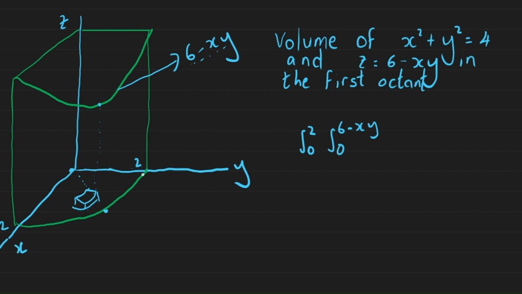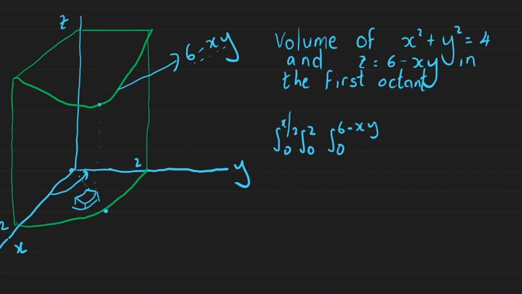Theta is going from 0, we can think of 0 here, and it's going all the way and stopping at the y-axis. So this is actually 90 degrees or pi over 2 radians. So theta is going from 0 to pi over 2.